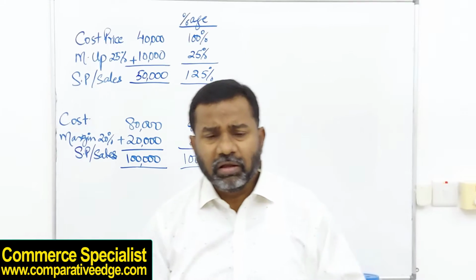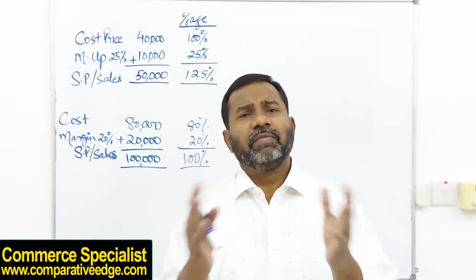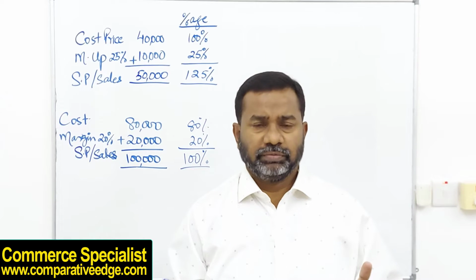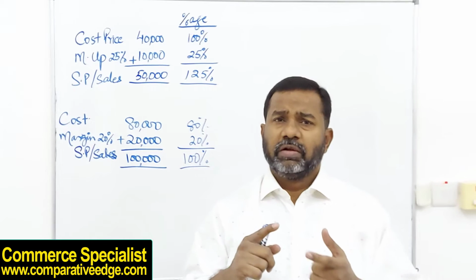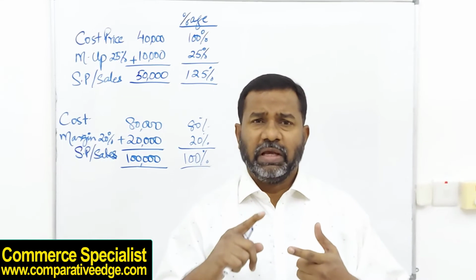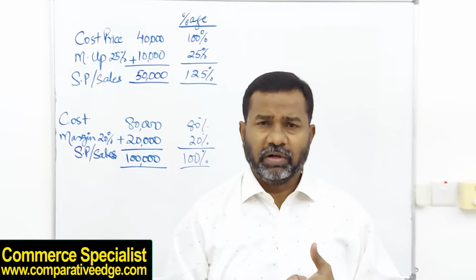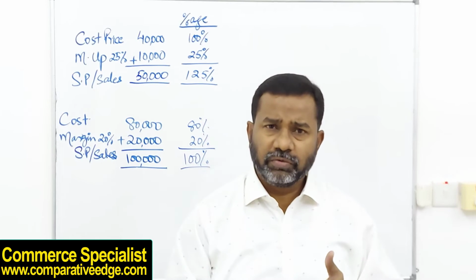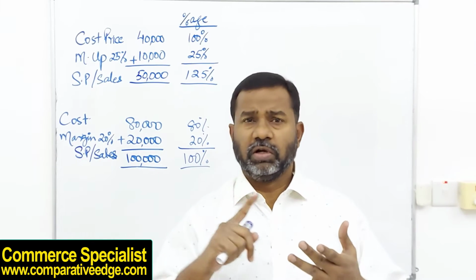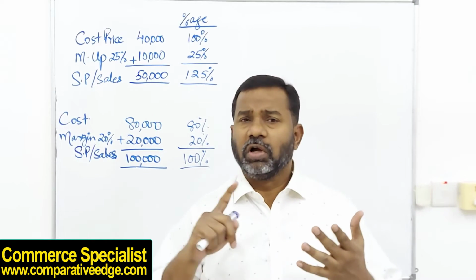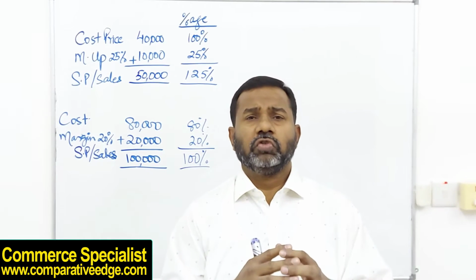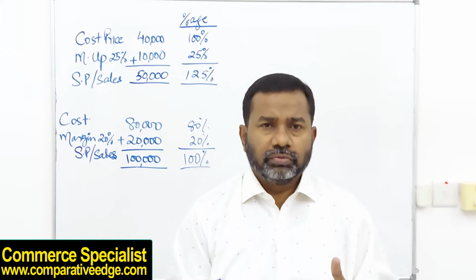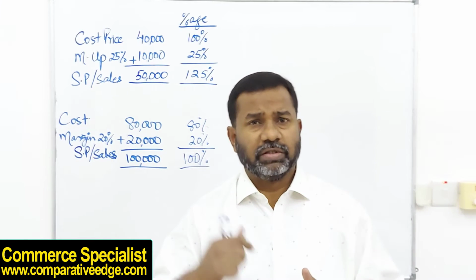Now you will be thinking, why are we differentiating between markup and margin? Please understand, whether we are talking about incomplete records, manufacturing accounts, consolidation, or stock valuation, any accounting calculation which you are doing or may do, you may come across this concept.